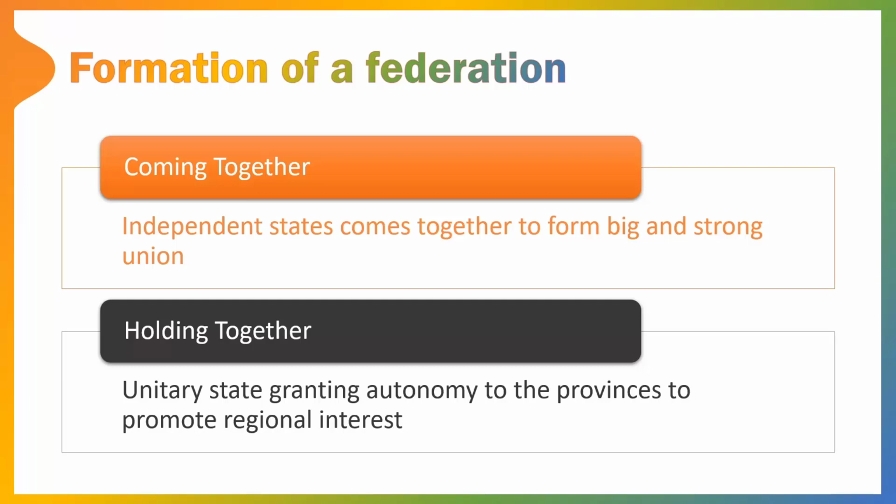So all the states will work autonomously and become stronger on a regional interest basis. The best example of this is Canada. In these types of federal governments, the powers are shared between the various provinces to accommodate the diversity in the whole entity. Here the powers are generally tilted towards the central authority.